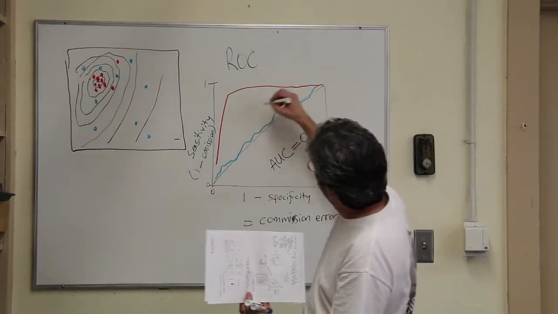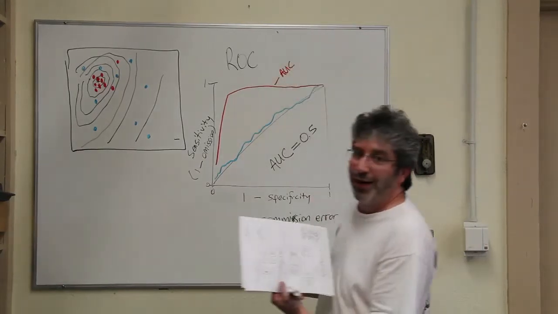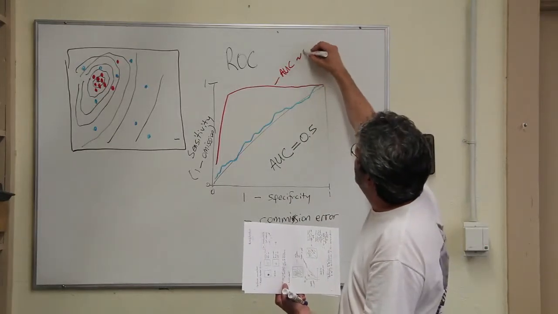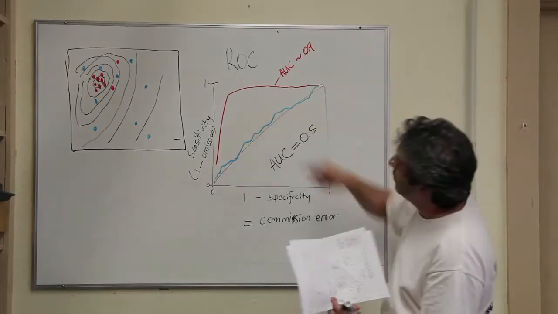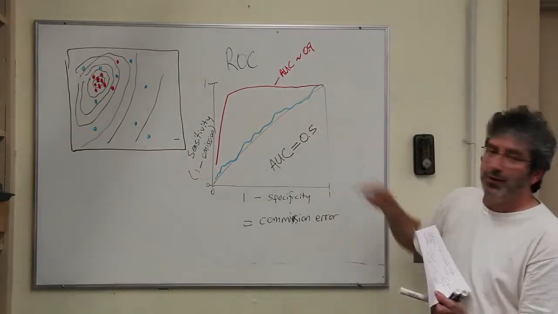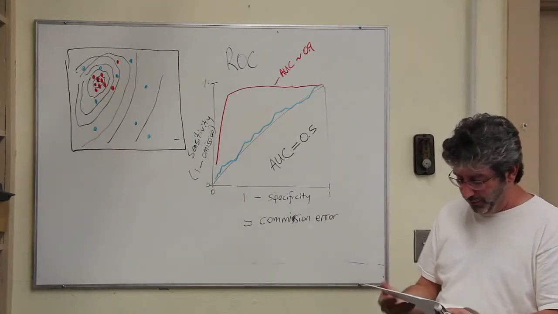So this curve is going to have an AUC that's pretty high, maybe, I don't know, 0.9. The blue curve is going to have an AUC that's near 0.5, which is to say that's near random expectations.